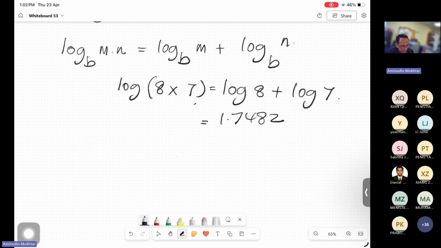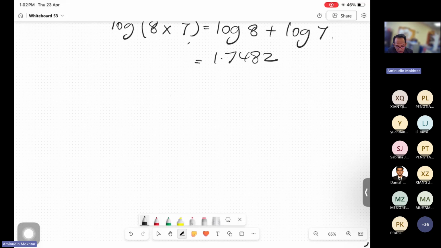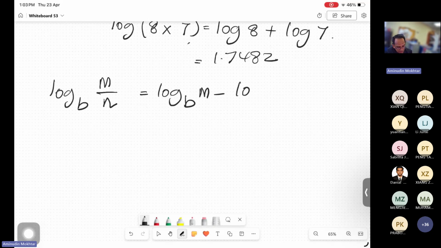The second one is the log for a ratio. Let's say we have log base b of m divided by n. This equals log b m minus log b n.